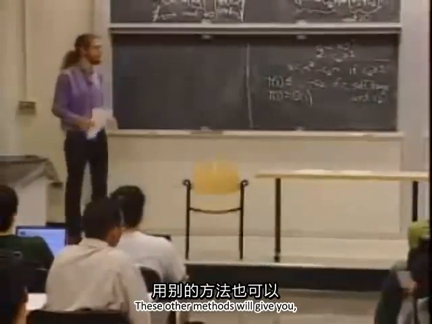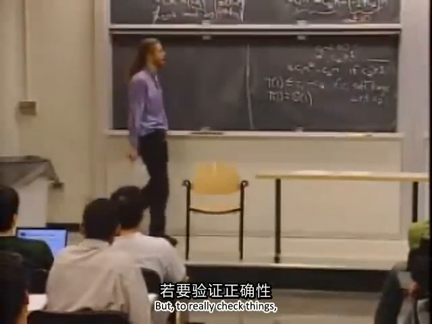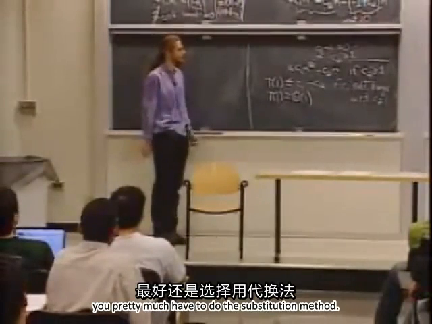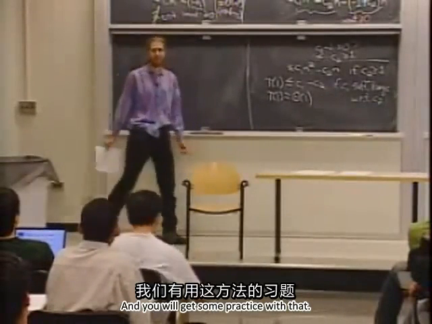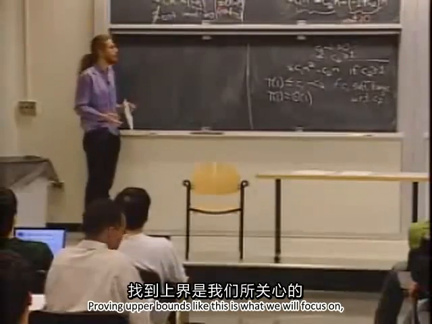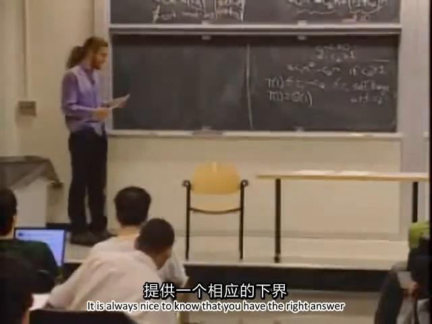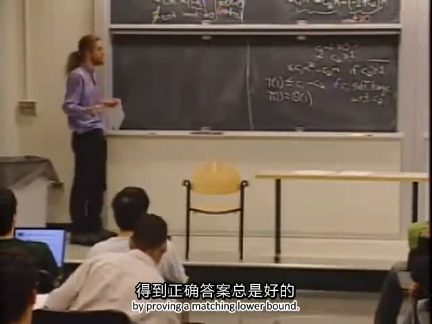These other methods will give you, in some sense, upper and lower bounds, if you're a little bit careful. But to really check things, you pretty much have to do the substitution method, and you'll get some practice with that. Usually we only care about upper bounds. So proving upper bounds like this is what we'll focus on. But occasionally we need lower bounds. It's always nice to know that you have the right answer by proving a matching lower bound.